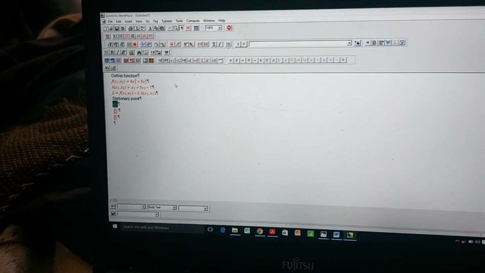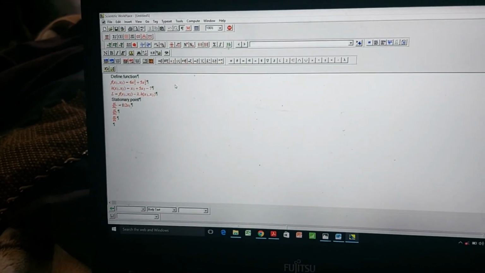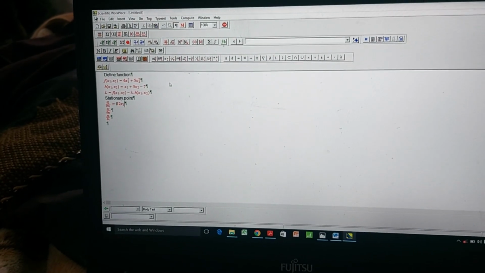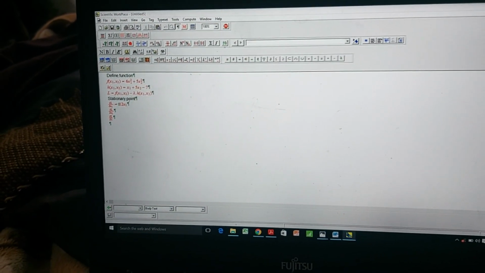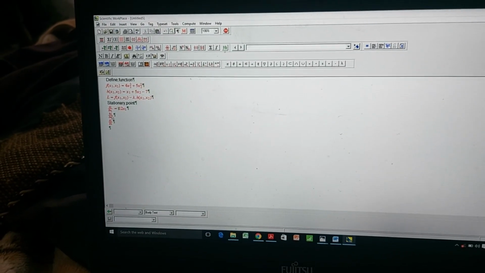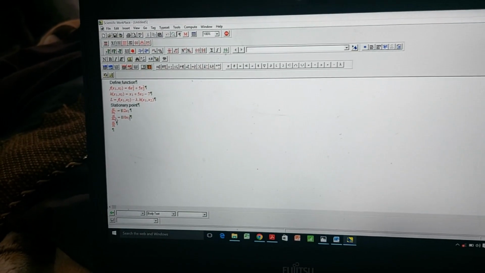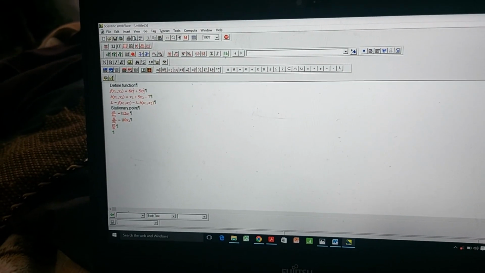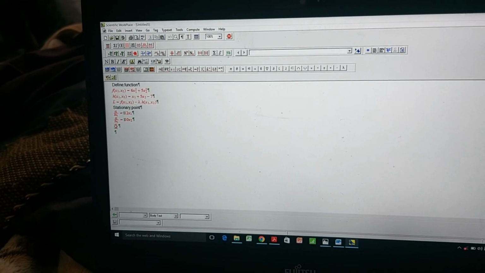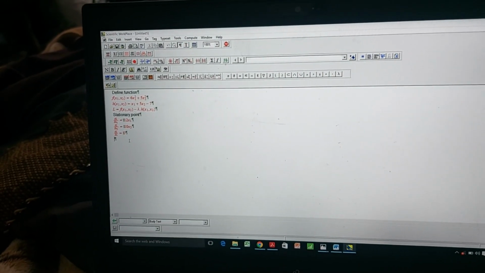Now I would evaluate it. For that I must press Ctrl E. So the partial derivative of L with respect to x1 is 12x1. And the partial derivative of L with respect to x2, let us calculate it, is equal to 10x2. And the partial derivative of L with respect to lambda, let me calculate it, Control E, gives us 0.